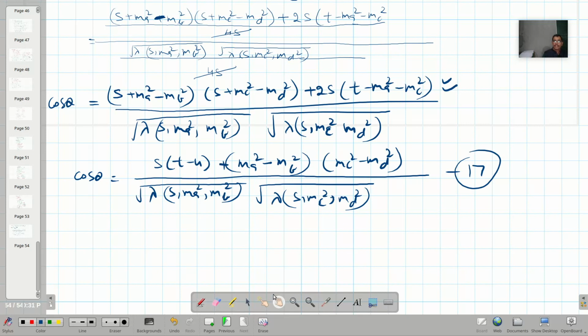Let us now check how this part is equal to this part. Let me check it out. So for this, let us do a little calculation.